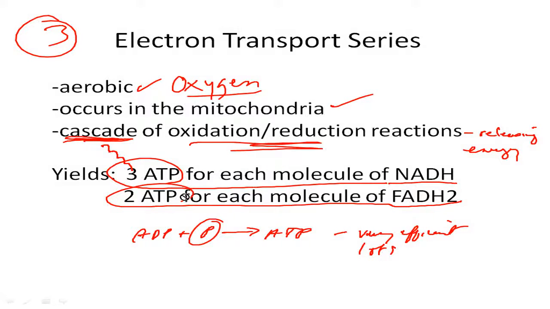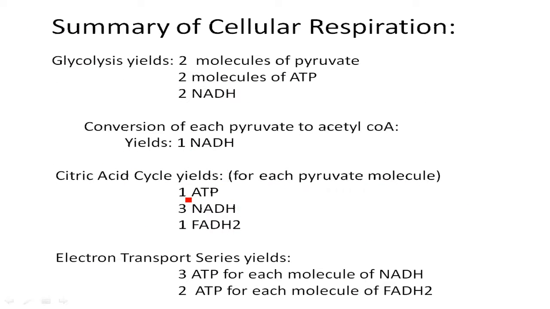So if I haven't totally confused you now, let me try to sum it up and see if we can make it make a little bit of sense. Remember, with cellular respiration, our whole goal is to make ATP from one molecule of glucose. So we're going to take all that energy that's stored in the glucose and we're going to turn it into ATP, which is the currency that the cell can use.